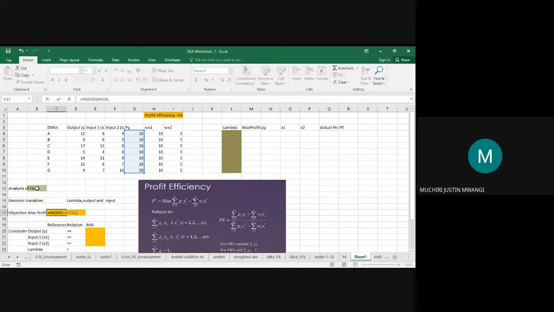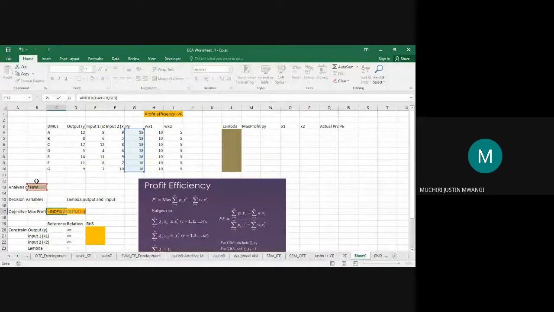We need to reference here the individual farm. There are so many farms, so we have to reference the particular farm that we're working with. Then we multiply with the optimal output. Then remember it's the difference between the revenue and the total cost.